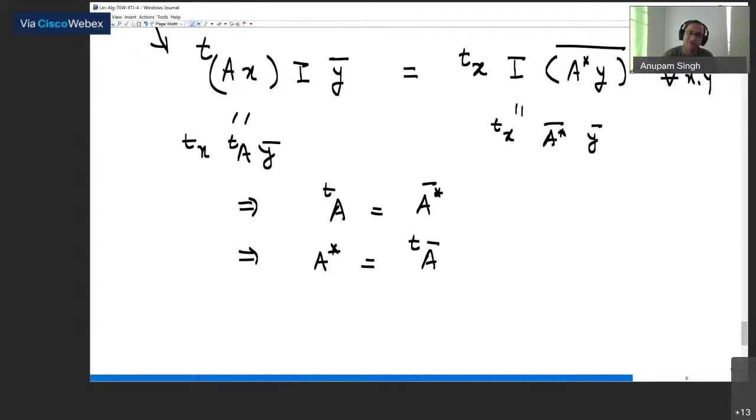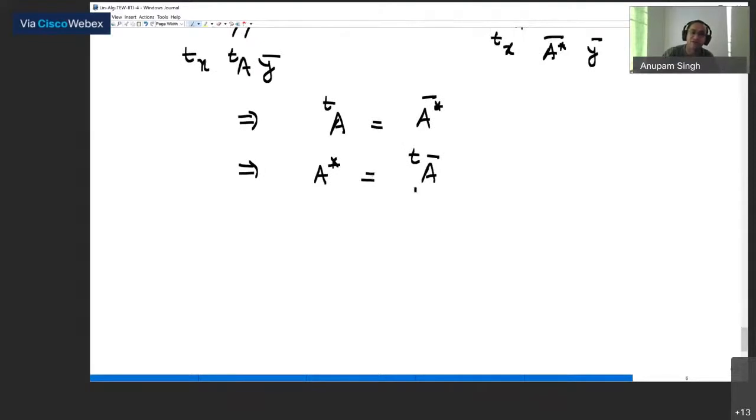If you don't fix an orthonormal basis, there will be the matrix of the inner product also going around here, so this will be conjugated by the matrix of that inner product. So this is one of the confusing points. You can do this only when you have already chosen an orthonormal basis, which may not be true if you're not working with a positive definite inner product. If you're working with a more general form, then that may not be true, for example.